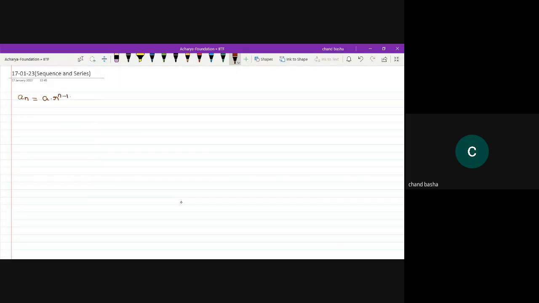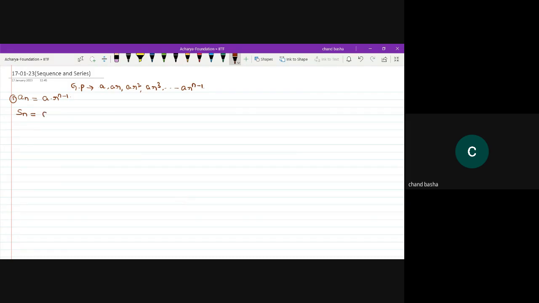This is the first formula. Sum of n terms of GP, where your GP is in the form of a, ar, ar square, ar cube, and so on, ar power n minus 1.